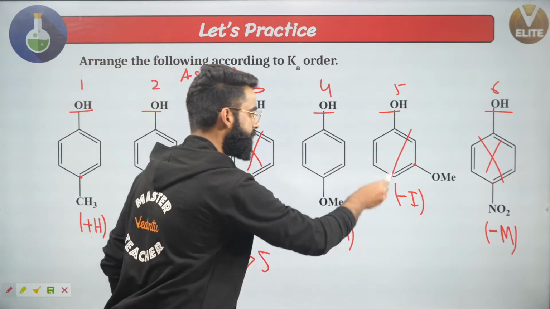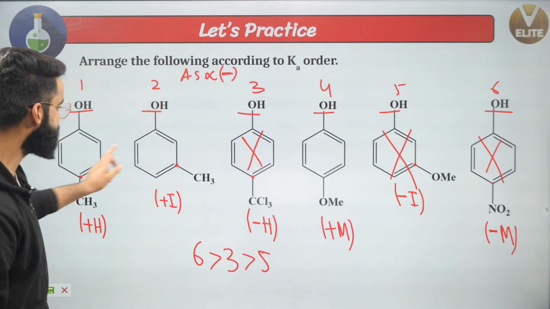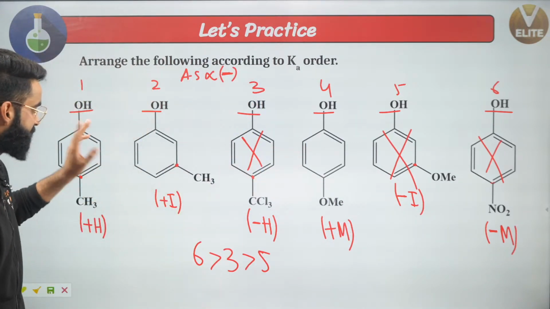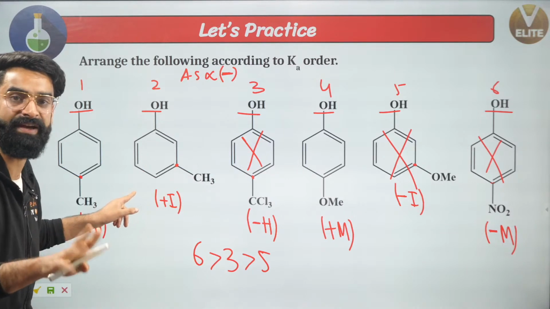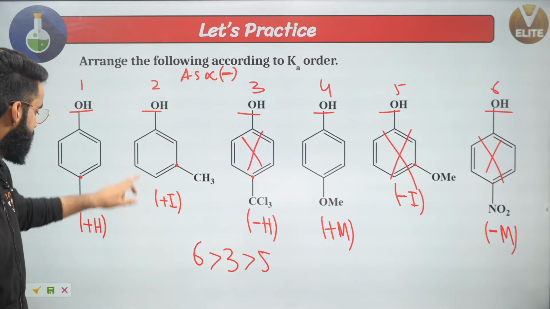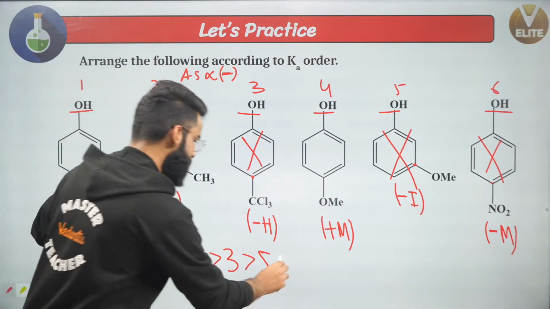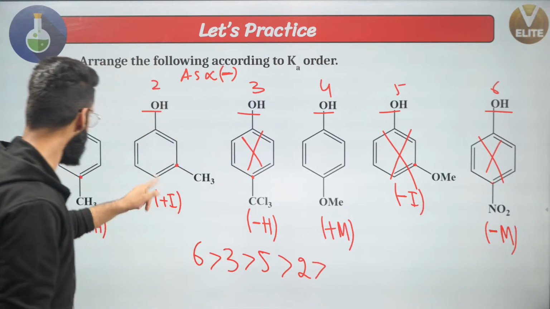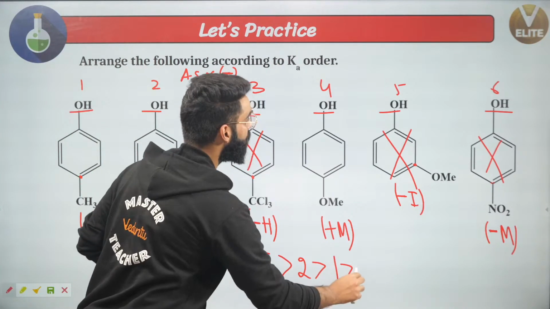Now, which are left? I'll say these three are left, right? So that one which shows minimum plus effect is going to be maximum acidic. Minimum plus effect is shown by the second one, followed by the first one, followed by the fourth one.